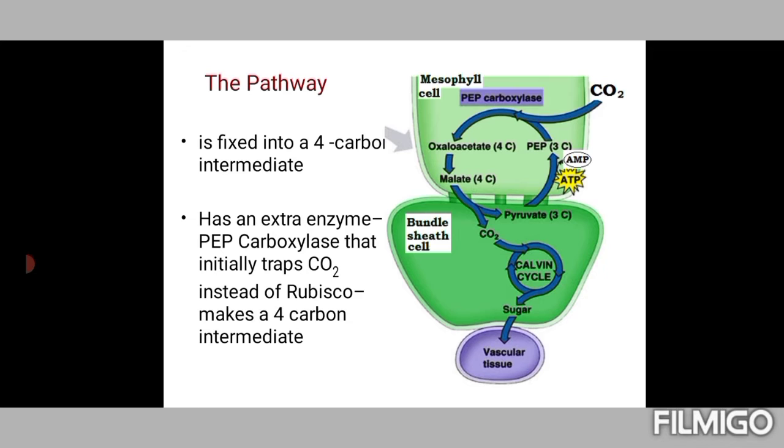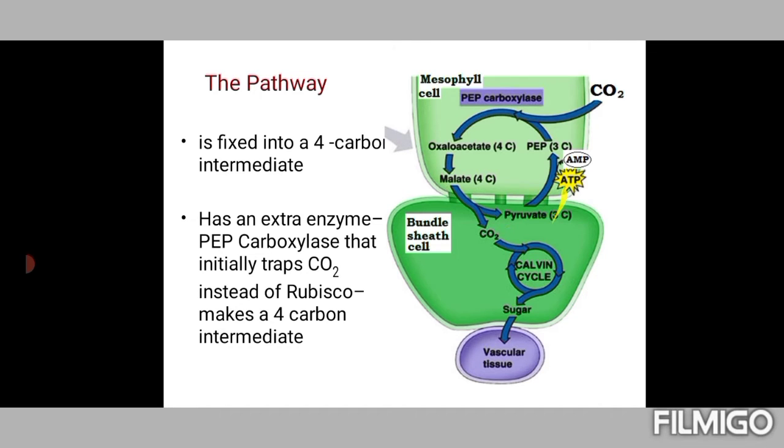That's why you can guess that the C4 pathway is called the C4 pathway, because the first stable product of this pathway is a 4-carbon compound, namely oxaloacetate. Oxaloacetate gets converted to another 4-carbon compound, that is malate, and then it releases carbon dioxide inside the bundle sheath cells along with pyruvate.